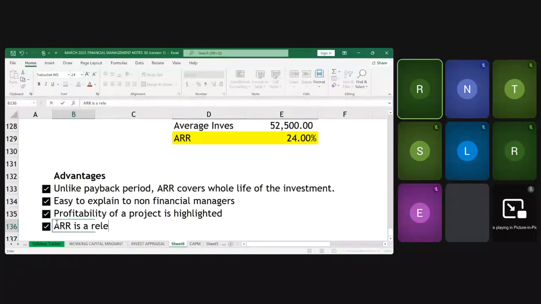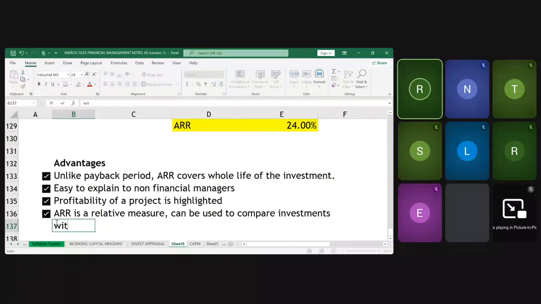Relative measure, it can be used to compare investments with different capital size.